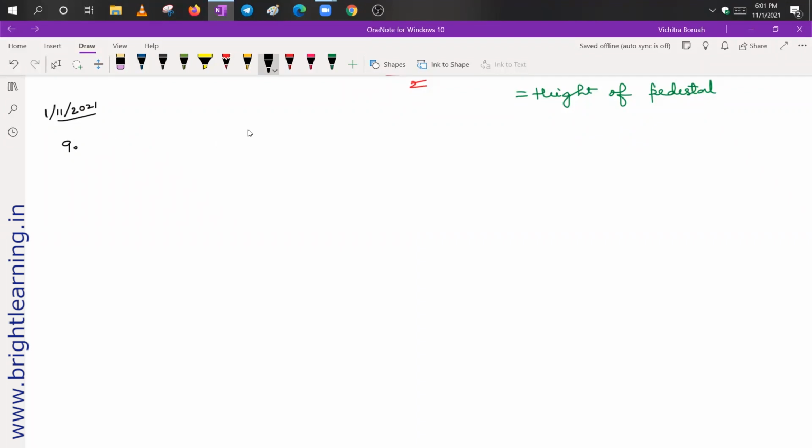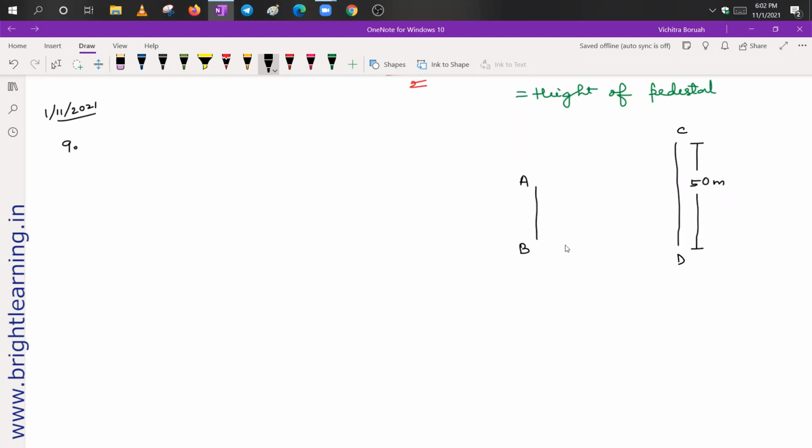Okay, so first let's make the diagram here. Suppose this is the tower, and the height of the tower, it is given, is 50 meters. Suppose AB is the building and CD is the tower.